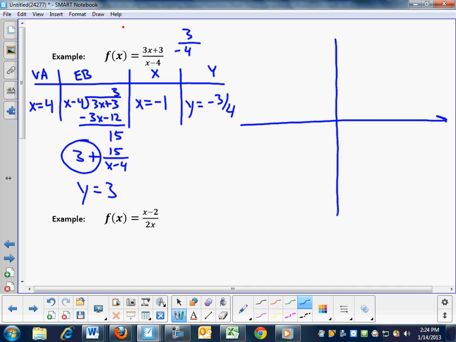I'm going to sketch my graph. I'm going to draw my vertical asymptote at x equals 4.